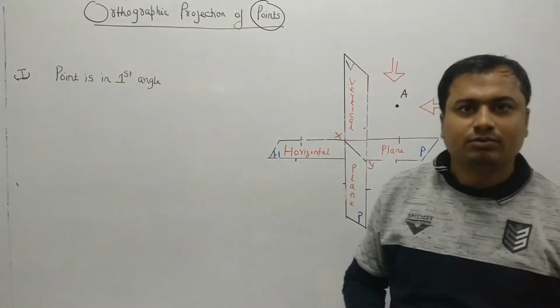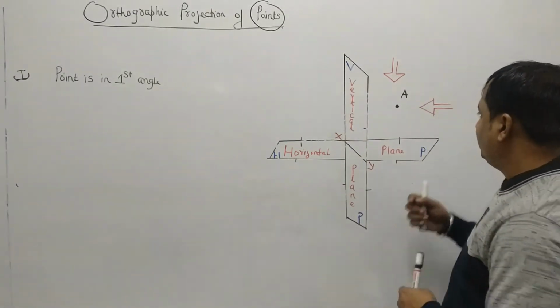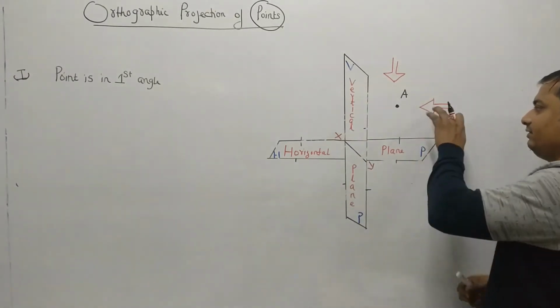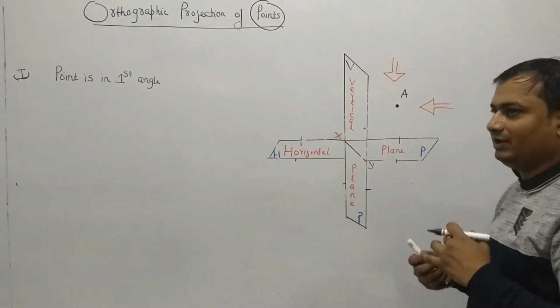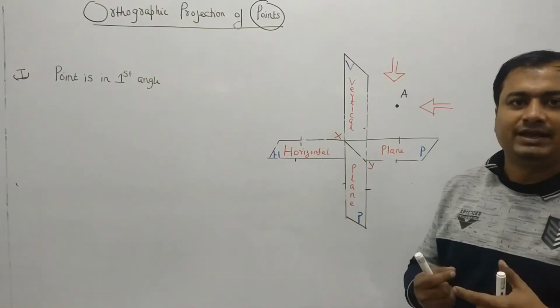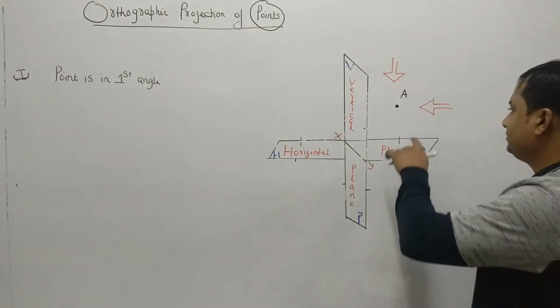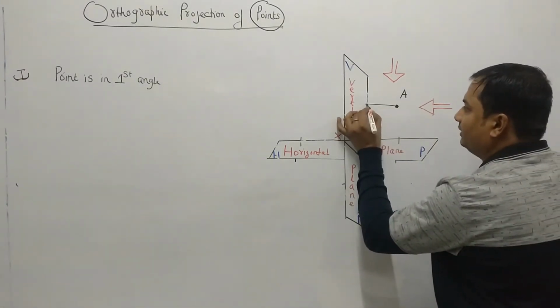Now how are we going to plot the orthographic projection here? When the front observer is seeing this point, where will be the location of the front view? On which plane is the front view going to lie? When this observer is seeing this point, the front view is going to lie over here.